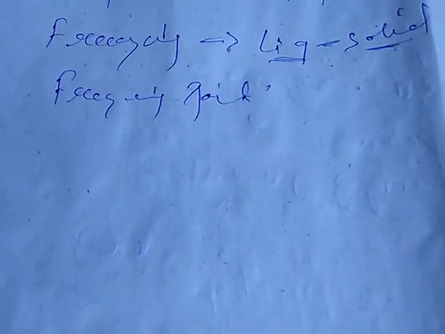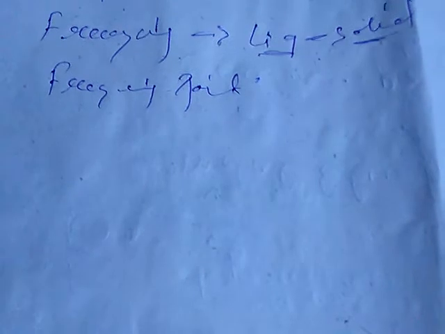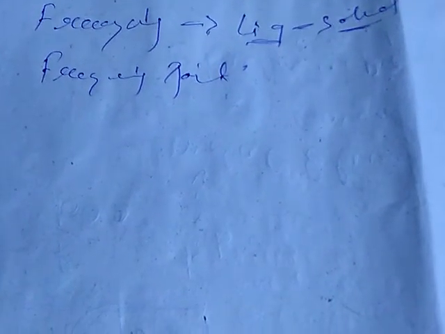And the freezing point is the temperature at which the liquid and solid states exist in equilibrium with each other. When at a particular temperature the liquid state and the solid state are in equilibrium, then that temperature is considered the freezing point.